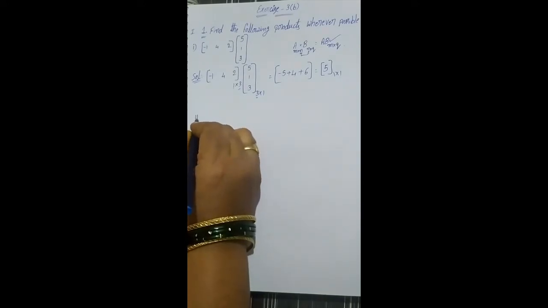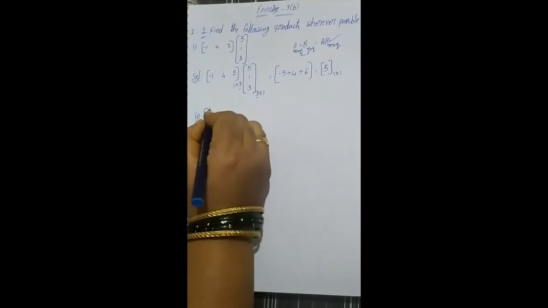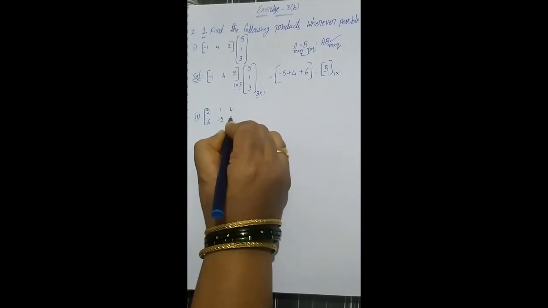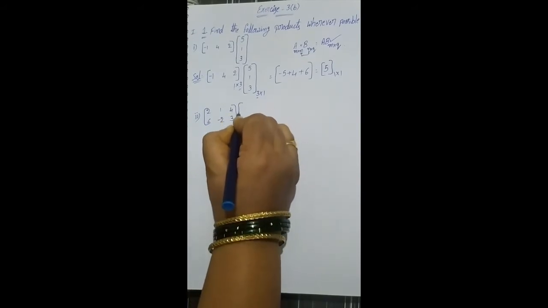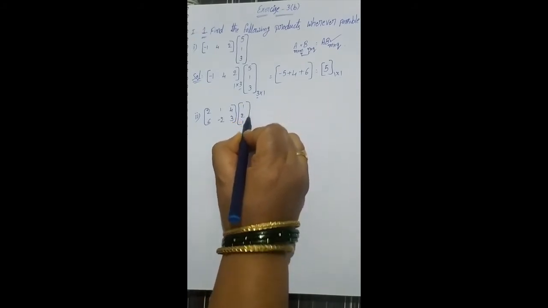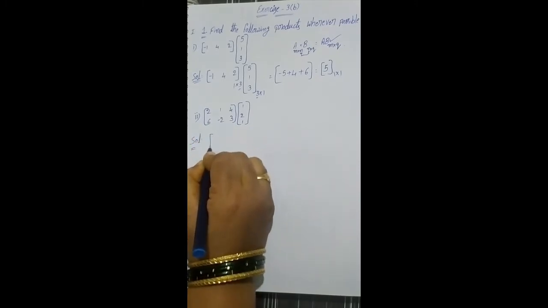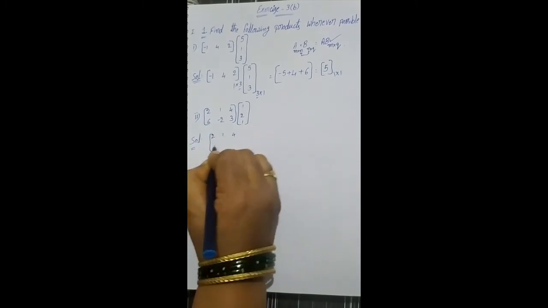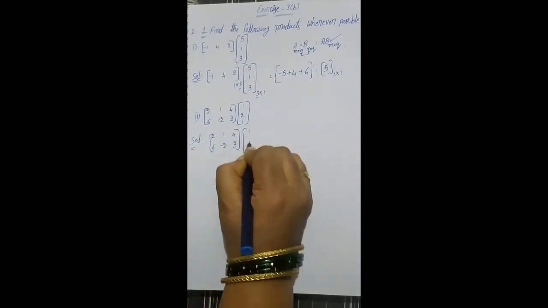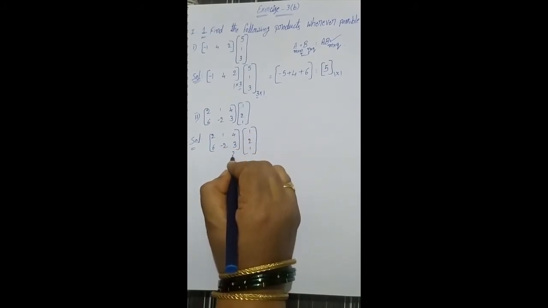In the second sub problem, the given matrix is 2, 1, 4, 6, -2, 3. And the second matrix is 1, 2, 1. Then taking the solution, first write down the given matrices 2, 1, 4, 6, -2, 3. Second matrix 1, 2, 1. The first matrix order is 2 by 3.